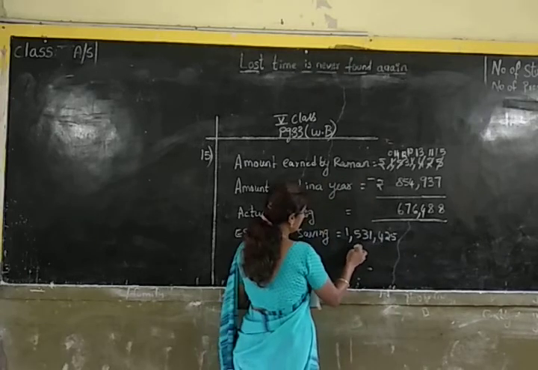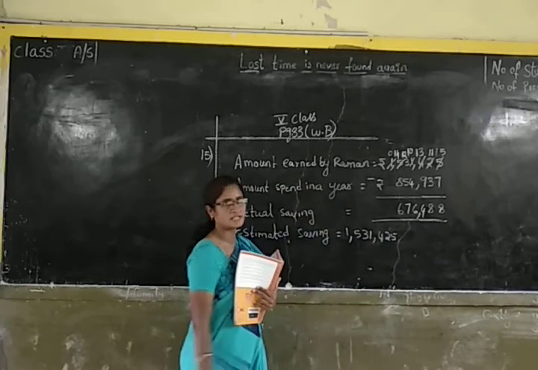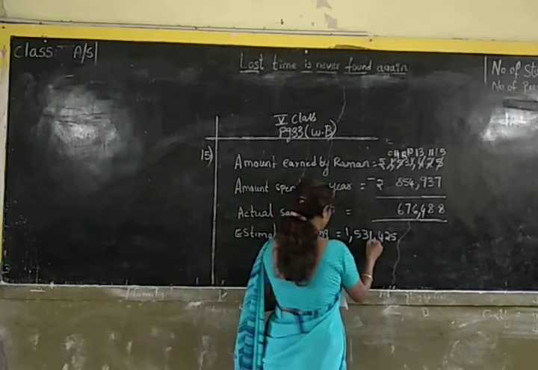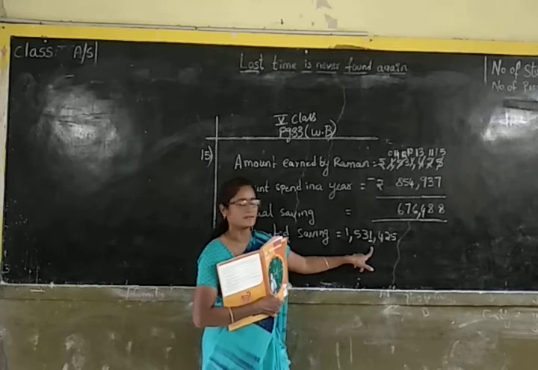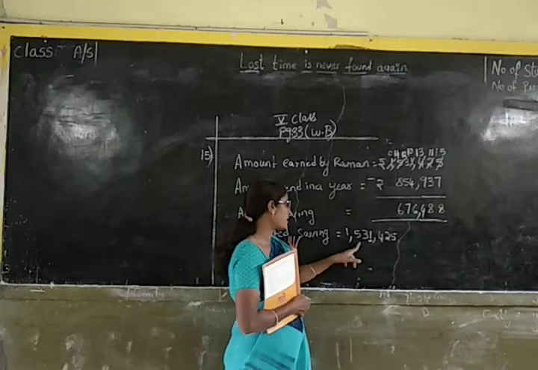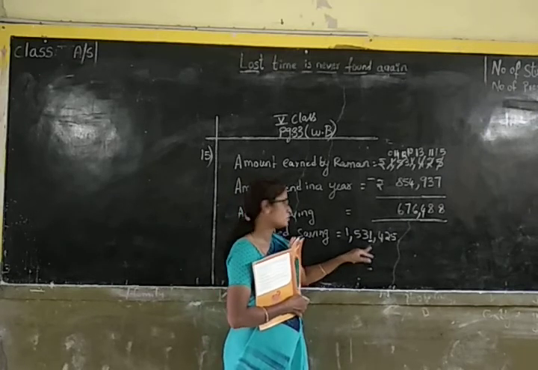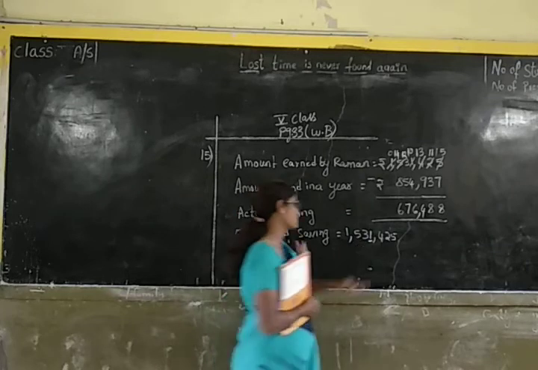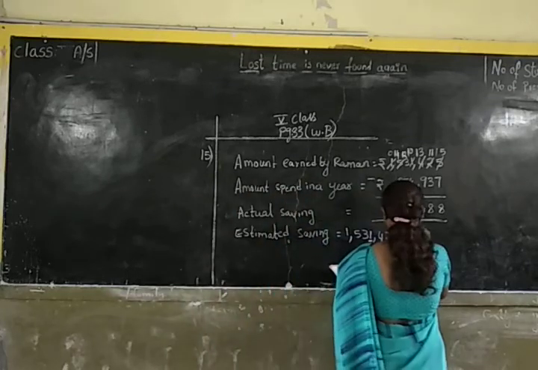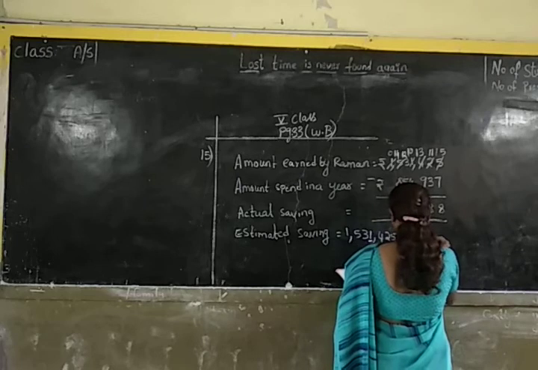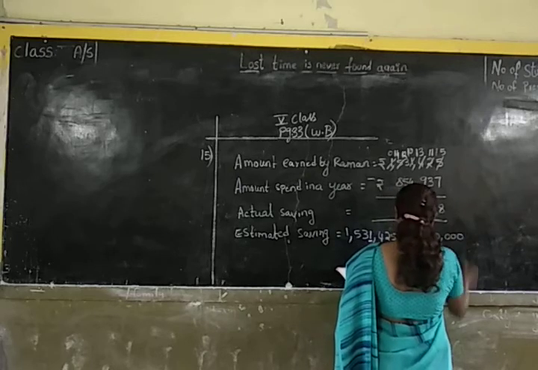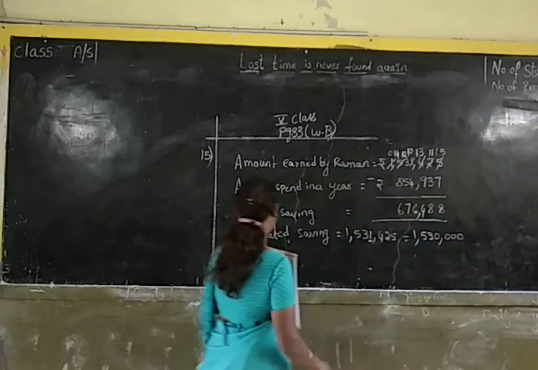When we round off to the nearest 10,000, we underline the digit at the thousands place. Here the digit at the thousands place is 1. It is less than 5, so no need of adding on to the next number. So this will become 1,530,000.